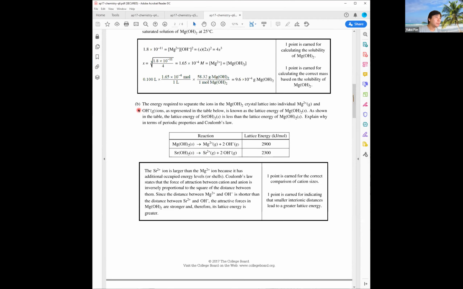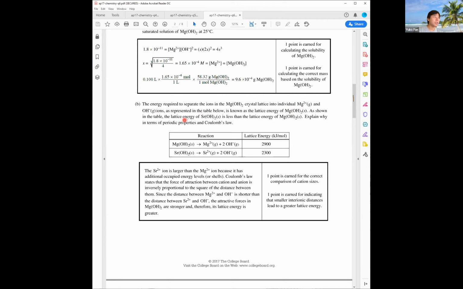Next question. The energy required to separate the ions in the magnesium hydroxide crystal lattice into individual magnesium cations and hydroxide ions, both in gas phase, vaporized, as presented in the table below, is known as the lattice energy of magnesium hydroxide.